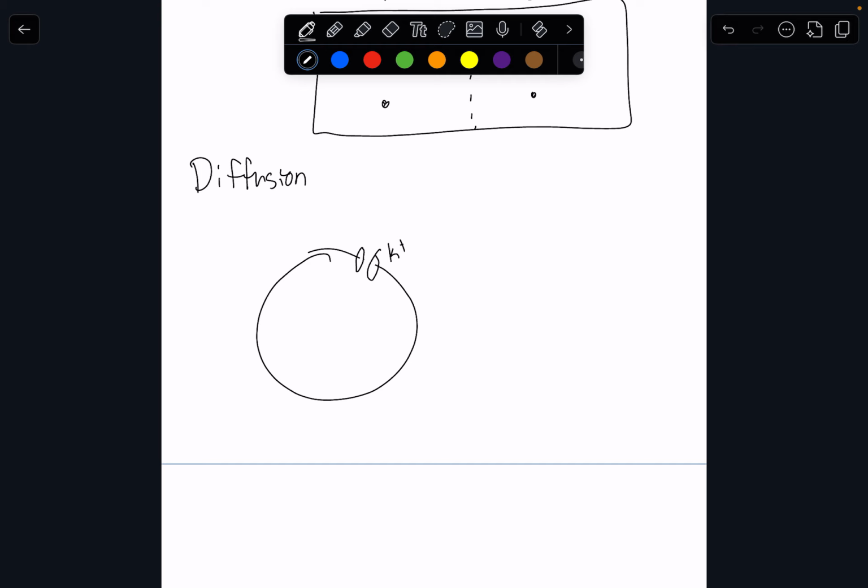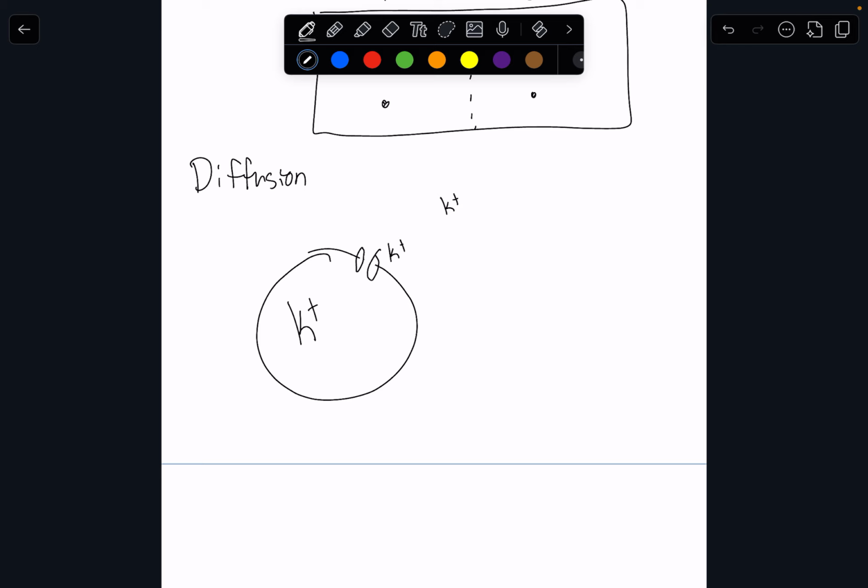With these channels, they're very important for allowing specific solutes to move down their concentration gradient from high to low. So for example, for potassium right here, there's a ton of potassium within the cell, and there's not very much outside, so I'm going to draw a little tiny potassium. It's going to want to reach a point of equilibrium, which is where there's equal concentrations of potassium inside and outside of the cell.